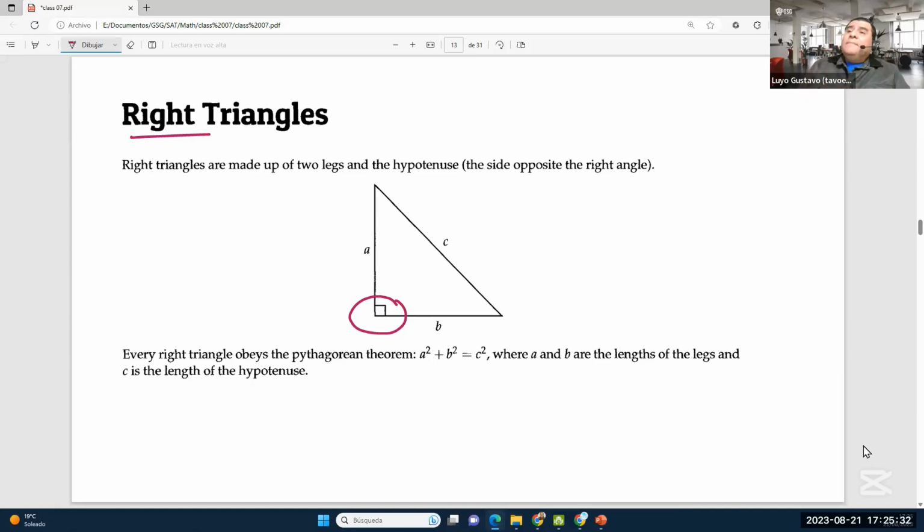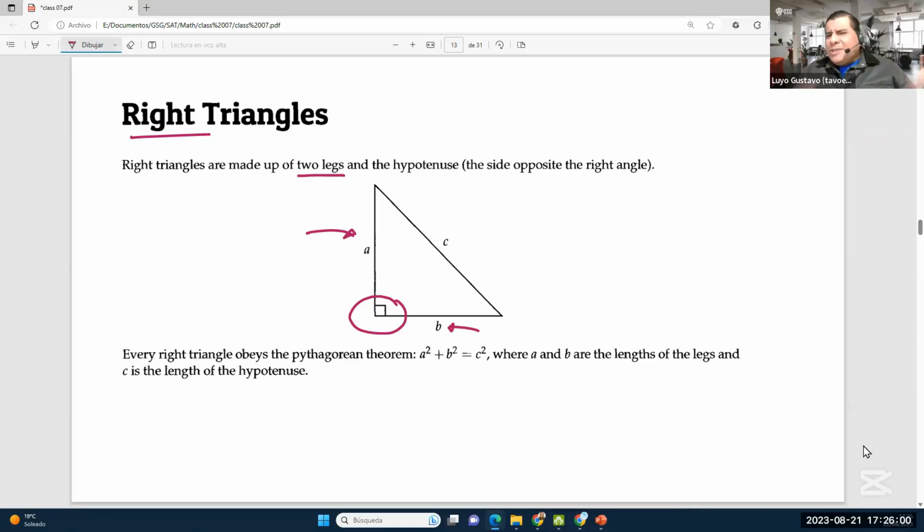Okay, the terms they use in the SAT to refer to the sides of a right triangle, the shorter sides, this and this, are called the legs. Why legs? Is it some kind of animal? Well, I don't know why. This is the traditional term that has been used in English for a long time.